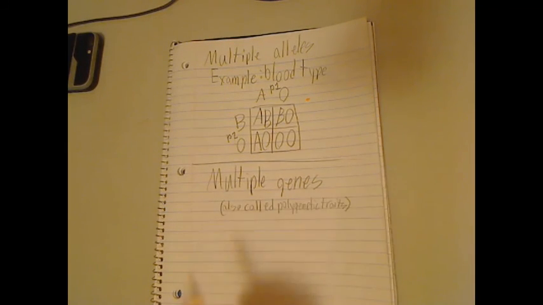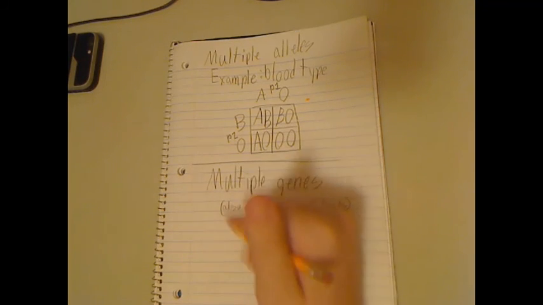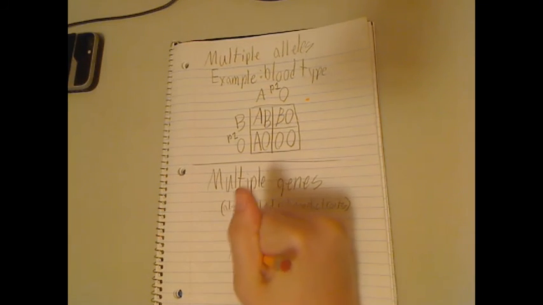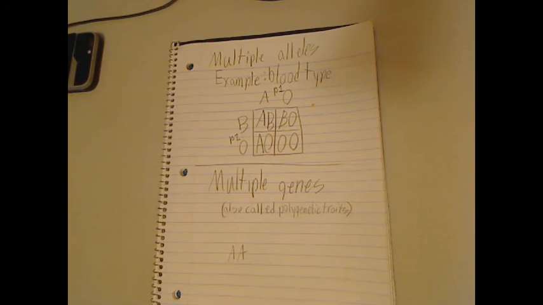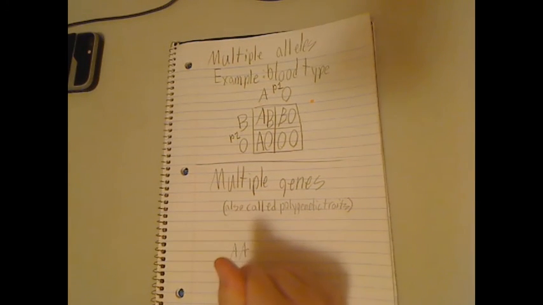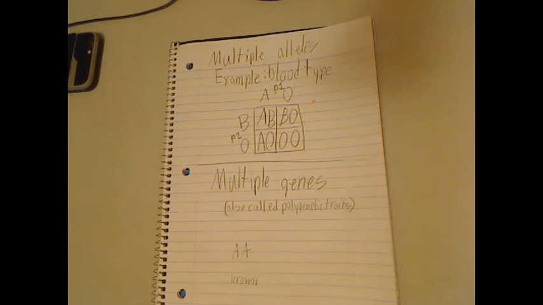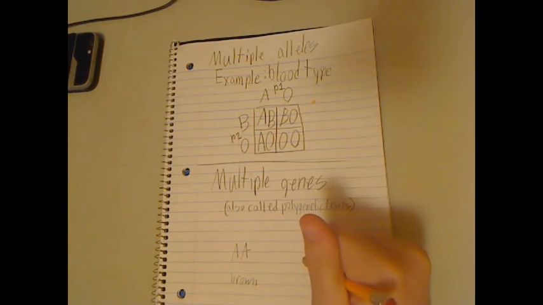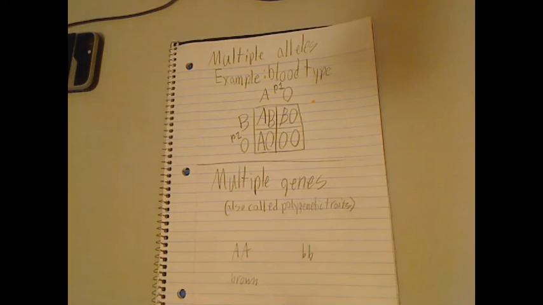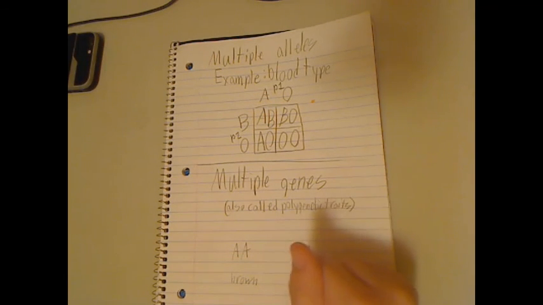For instance, if somebody had for one trait two dominant A's, they were homozygous in that area, they might say they have brown hair. But over here, they might have two little b's. And if they have two little b's in this different trait, that also might influence their hair, and that might say they're going to be slightly more blonde.